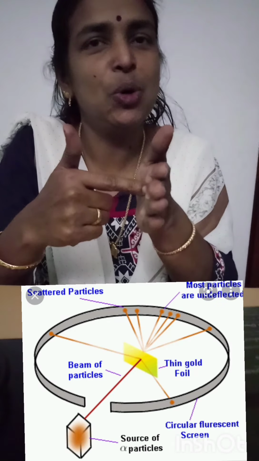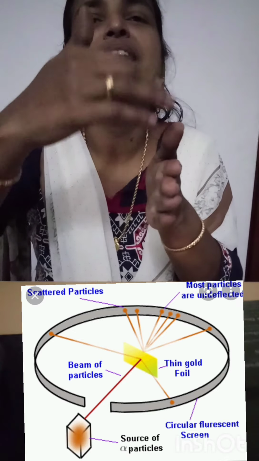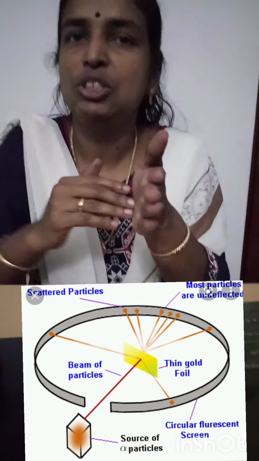He allowed the alpha rays to fall on the gold foil, and around the gold foil he placed a fluorescent screen. Why? When these alpha rays fall on the gold foil, they may scatter or deflect, so the fluorescent screen will show scintillations.